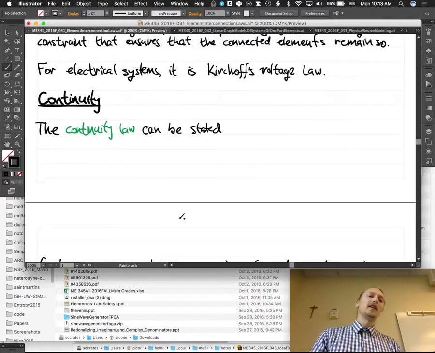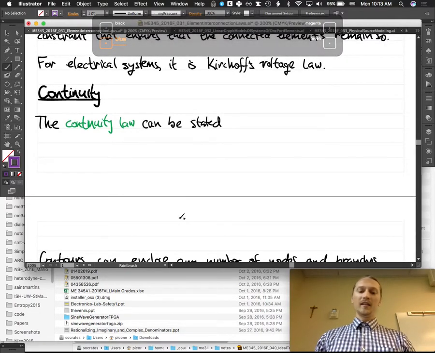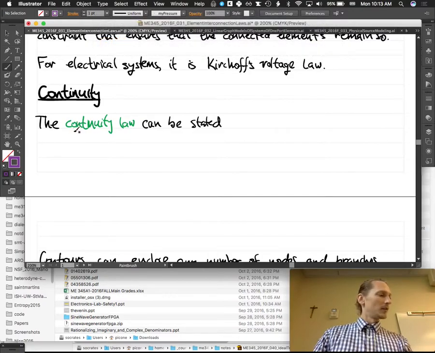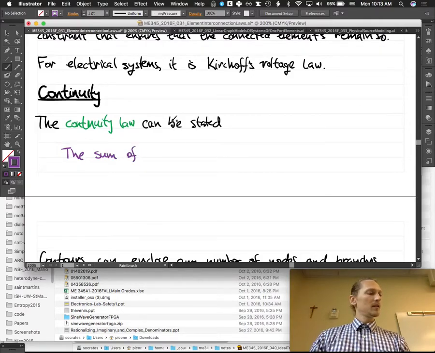Okay, continuity. Purple again, those of you keeping score at home. The sum of through variables. What are through variables?